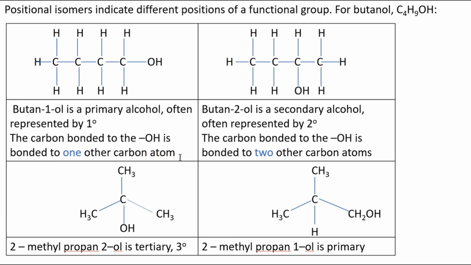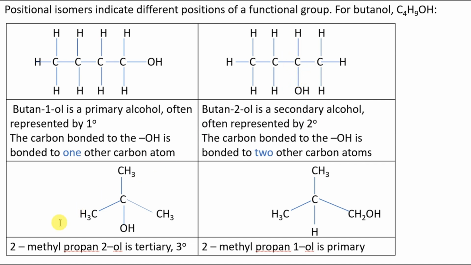That's what makes it primary. Butan-2-ol is a secondary alcohol, often represented by a 2 with the superscript. The carbon bonded to the OH is now bonded to 2 other carbon atoms.